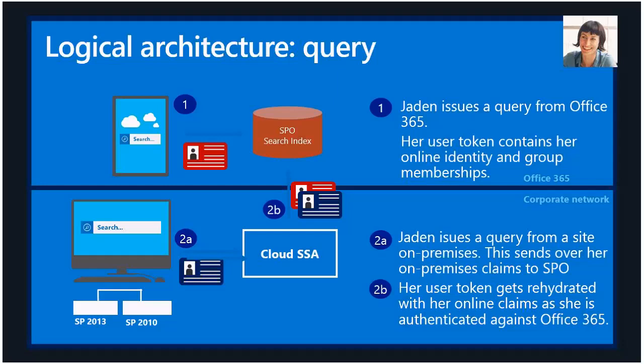He types something in the search box and hits the query button, and the user has a token that contains his online identities. It will get the results from the cloud search, and then SharePoint will send over the SharePoint on-premises claim into SharePoint Online. So the user will get the result with his online claims.